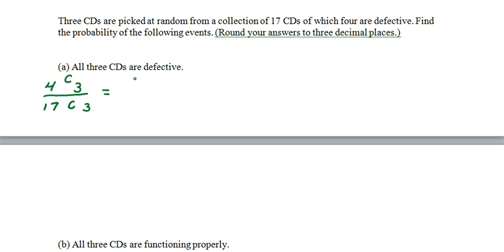4C3 is just 4, number of ways of picking 3 out of 4 items, and so 17C3 in our denominator.